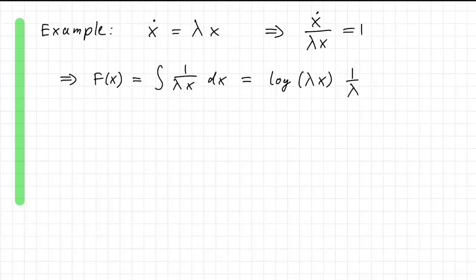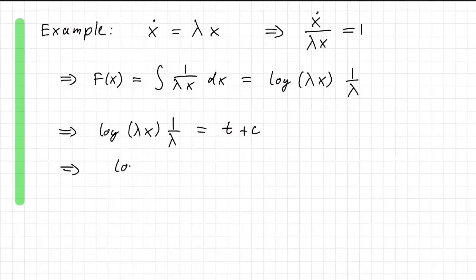So with that, we can now put this in our equation. We know now that the logarithm of lambda x, times 1 divided by lambda, equals t plus c. Then we multiply both sides with lambda to get logarithm of lambda x equals lambda t plus lambda c.